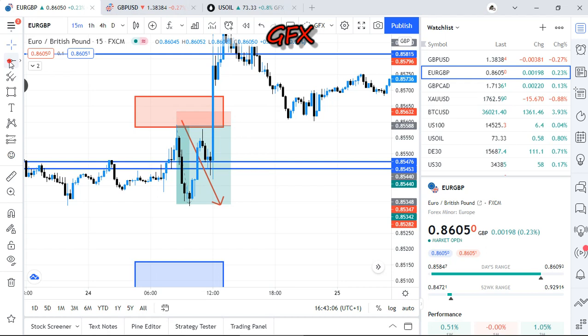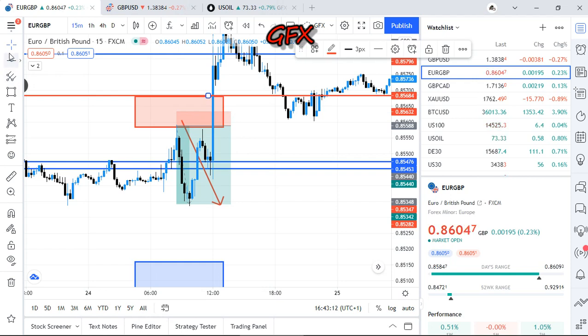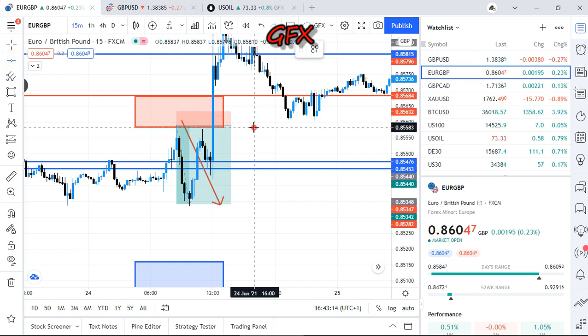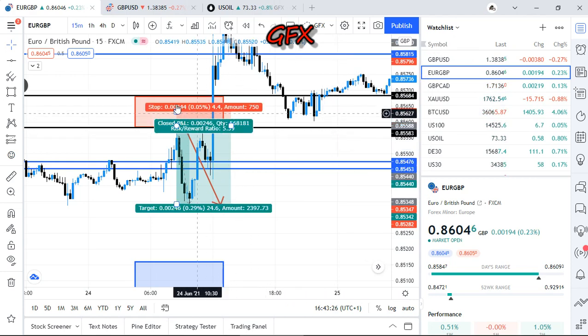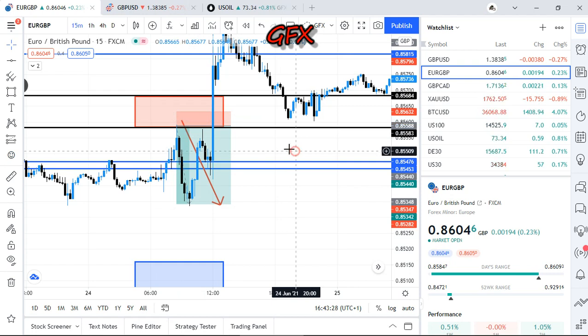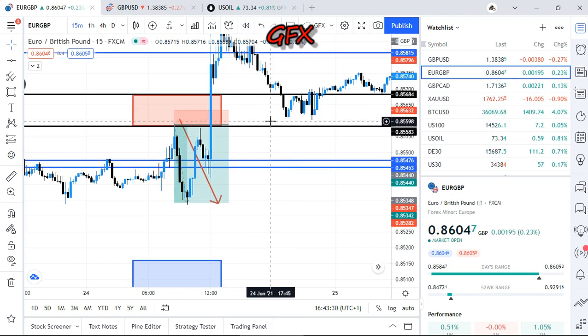Now I can come in the morning and say the coordinate for the supply zone on Euro GBP, which is this red one. Listen very carefully.